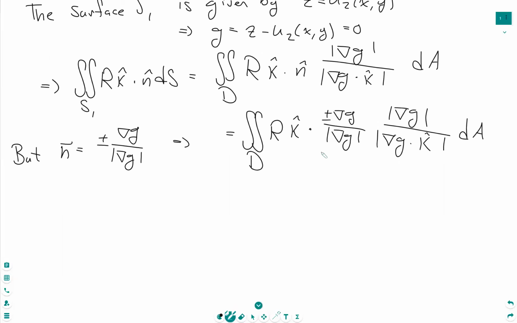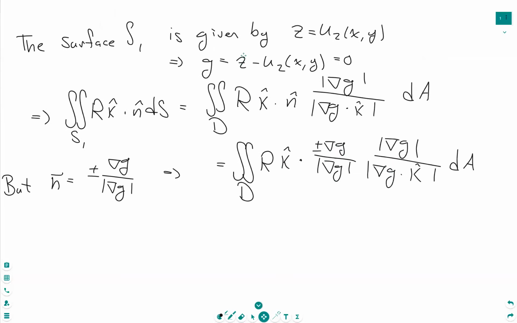Okay, so notice here that our magnitudes of the gradient of G are going to end up canceling. Then we have grad G over grad G dotted with k. The cool part is we know that the grad G is going to have a z component that's just 1, right? Just go ahead and look at the gradient here.